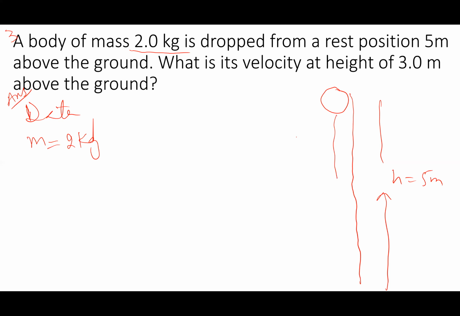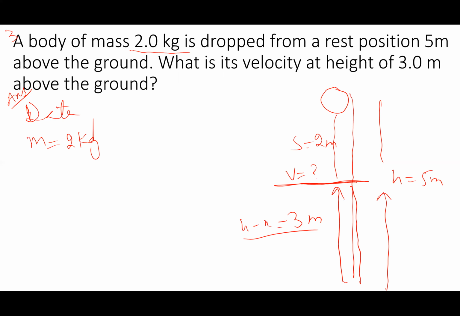So it covers a distance of 2 meter. At this position, we have to calculate velocity. This is the height above the ground, 3 meter. So h minus x is equal to 3 meter.